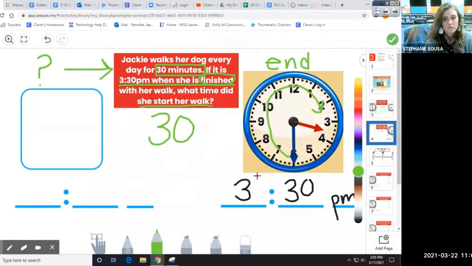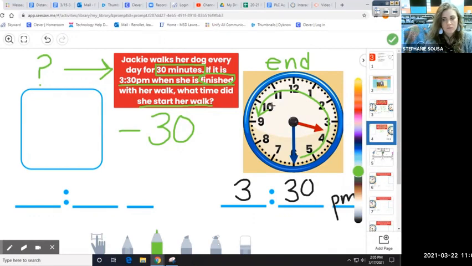This is how the time is shown on the clock. But when we are trying to figure out when something started, we might need to move the hands backwards to figure out when something started or began. This is called counterclockwise. If we subtract 30 minutes from 3:30 p.m., what time did she start her walk?